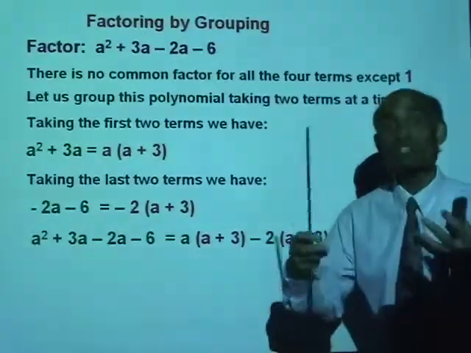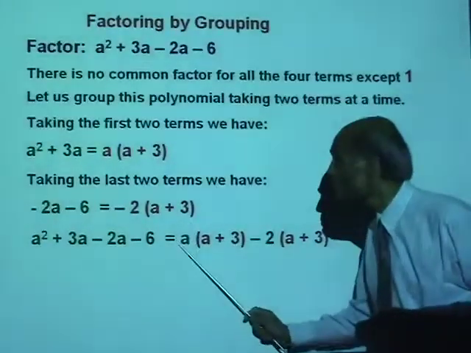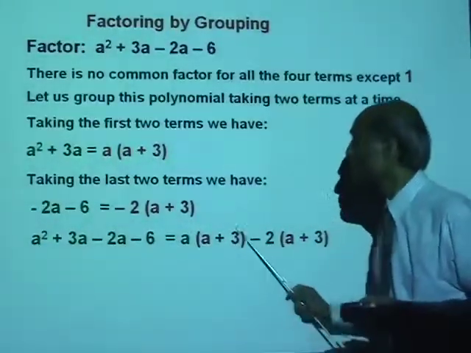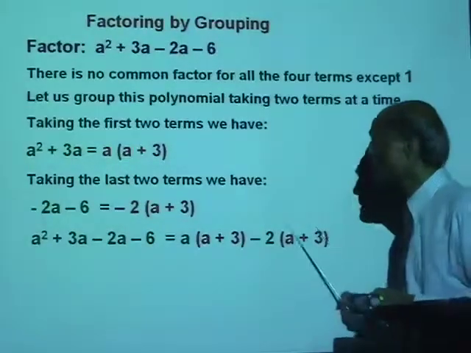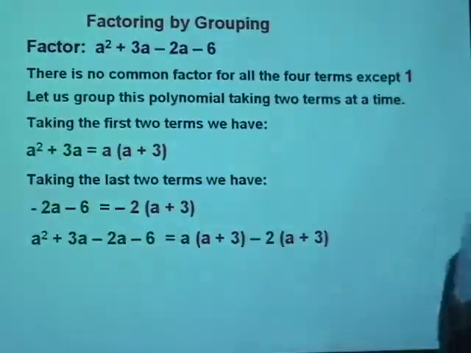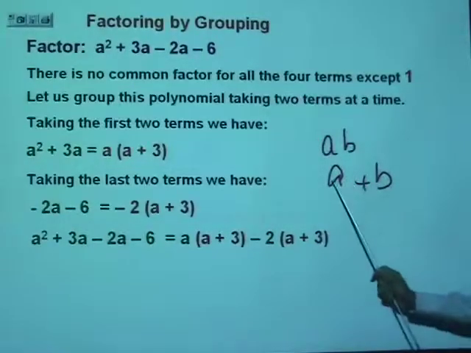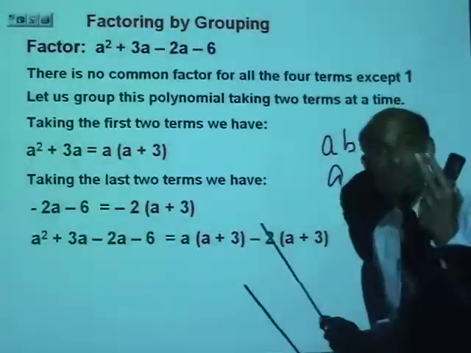Now what have we achieved in doing so? We have now reduced this into two terms. This is the first term and this is the second term. I hope you understand when I say a term. You must know that a times b, ab, is one term, whereas a plus b is made up of two terms.